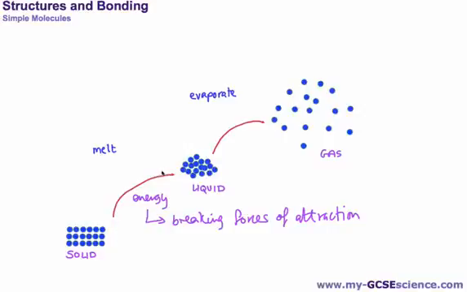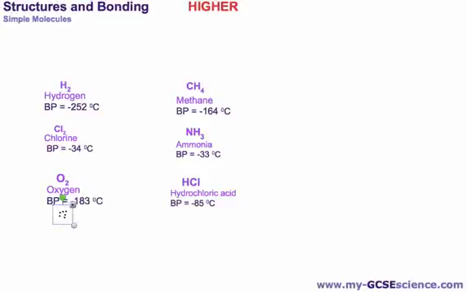So if we supply energy, that can go towards pulling the particles apart and changing it from a solid to a liquid. If we supply even more energy, we can overcome the forces of attraction even more and change the substance into a gas. Okay, so that's the basic idea of going from solid to liquid to gas, but we need to be able to apply it to our simple molecules.